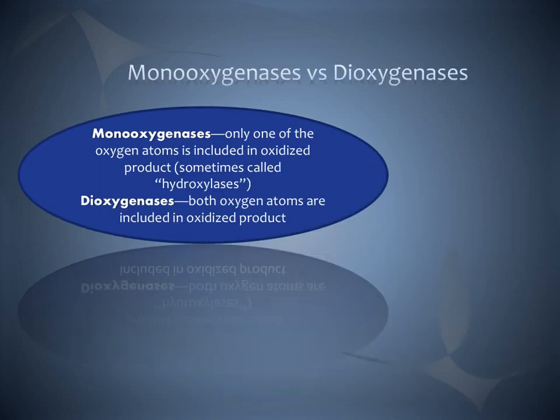So they split them up into what's called a monooxygenase and a dioxygenase. And it's just like the name implies. Monooxygenase means that only one of the oxygens from O2 ends up in the product. A dioxygenase means that both oxygens of O2 end up in the product.